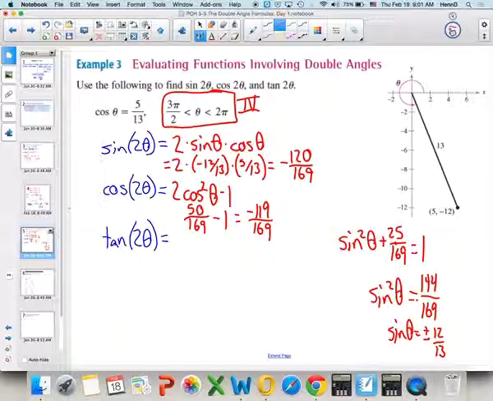Okay. Which means when I double this angle, I must end up in the 2nd or 3rd quadrant because cosine ended up negative, right? Yeah. So, okay.